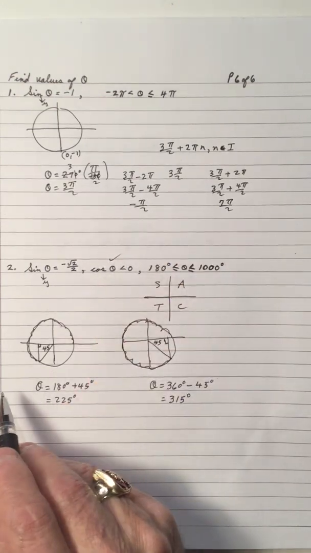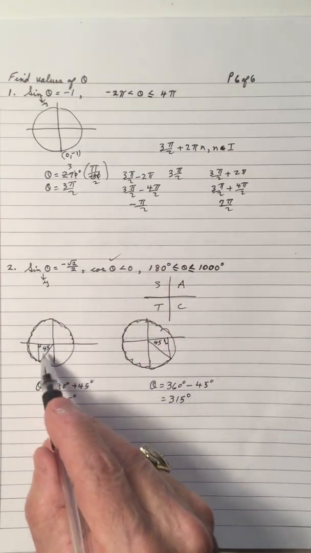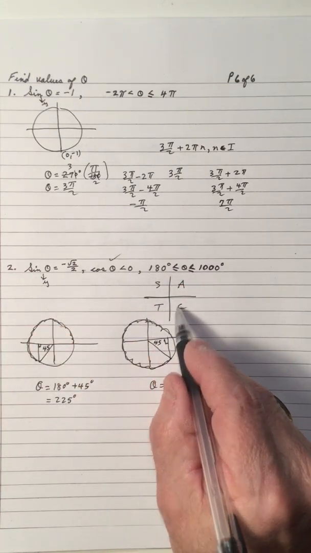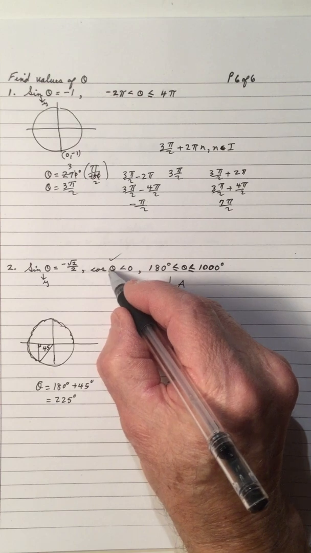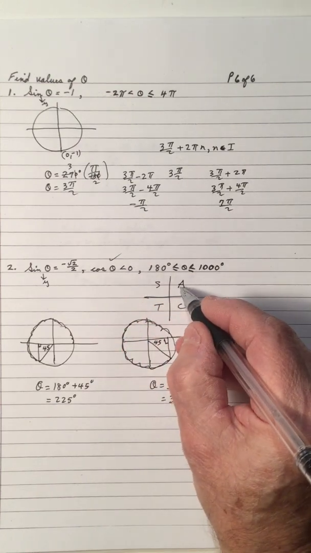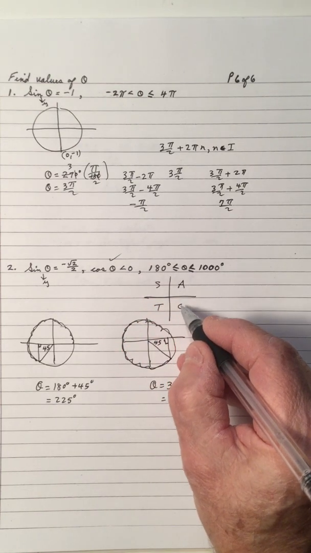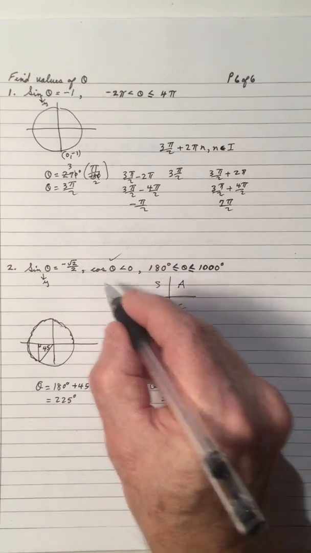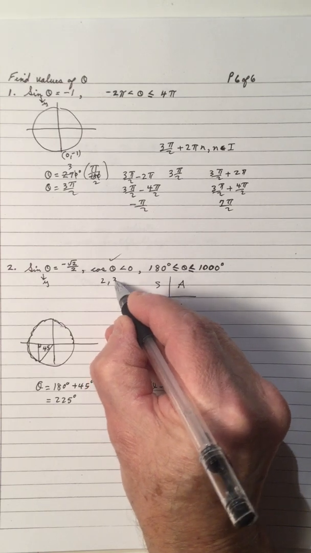But what about this? Sine is negative in 3 and 4, but cos is negative. So cos is positive in 1 and 4. Cos is negative in 2 and 3. So cos is negative in 2 and 3.